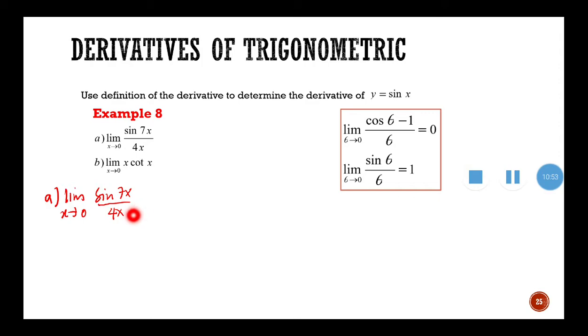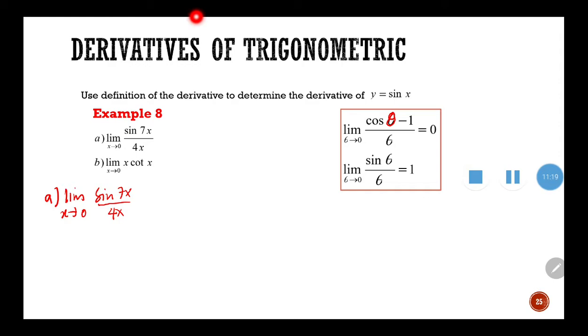Who is confused about what sin 0 is? Okay, I give you a chance, just press the calculator. sin 0 is 0, and over 4x, 4 times 0 is definitely 0. So you have to do something with this function. What you can do here is apply this formula.